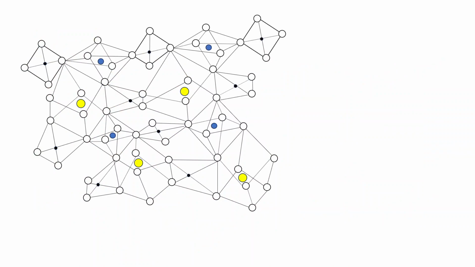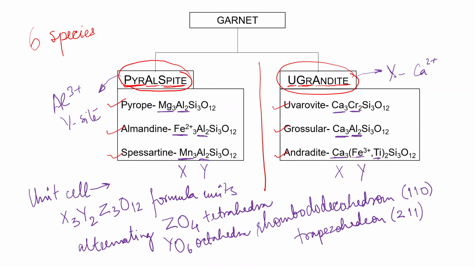So now this is the structure of garnet, and I'm sure by having the first look here you will be very much scared. What is this? So let me first explain this structure to you, and then I shall also tell you how to draw it easily. As I have said here, we get alternating tetrahedra and octahedra.